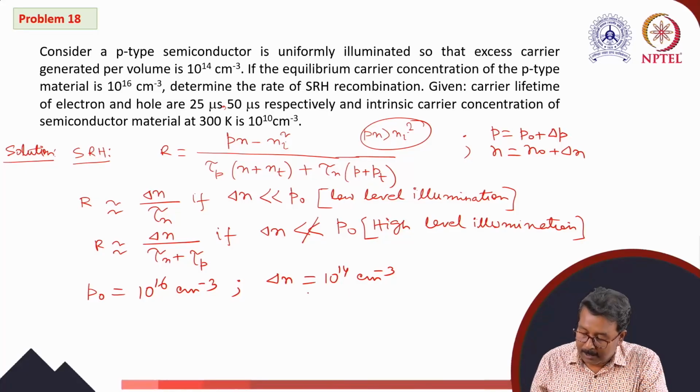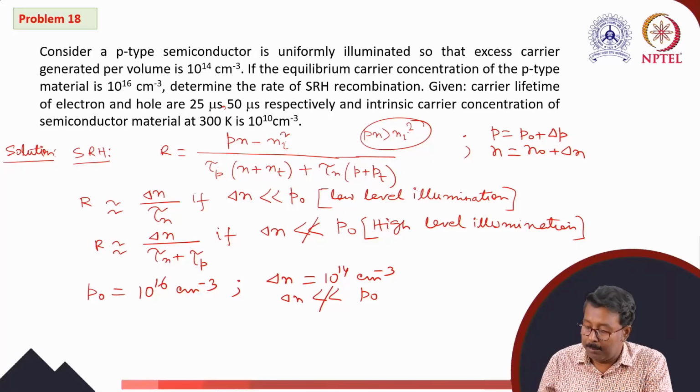That means delta N is not much less than P0, so we have to use the high level illumination formula. For that we need both tau n and tau p.